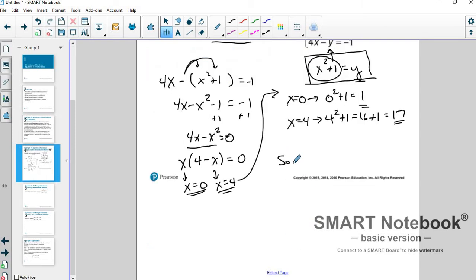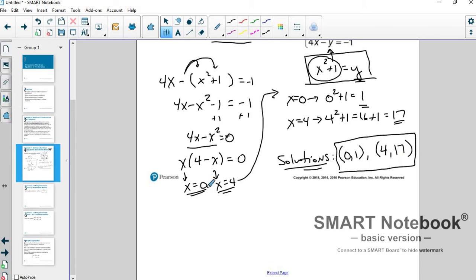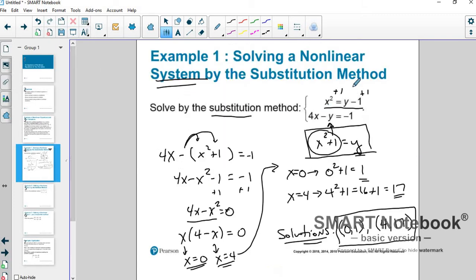So what do my actual answers look like? My solutions, in this case: when x is 0, y is 1, and when x is 4, y is 17. So I have two answers, 2 points here. If you drew the graph of these two equations, this is a parabola, y equals x squared plus 1.